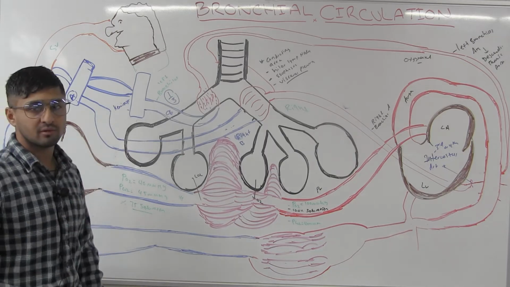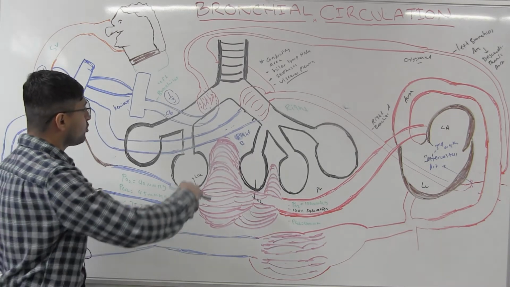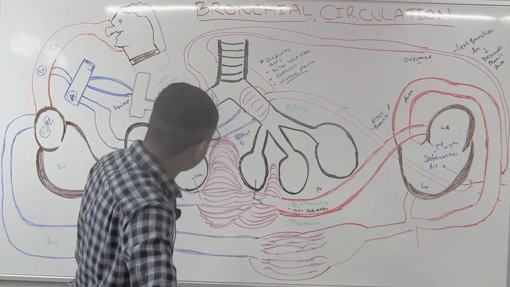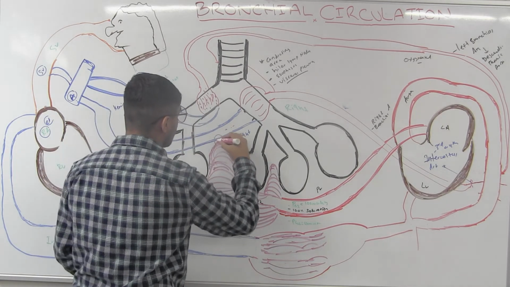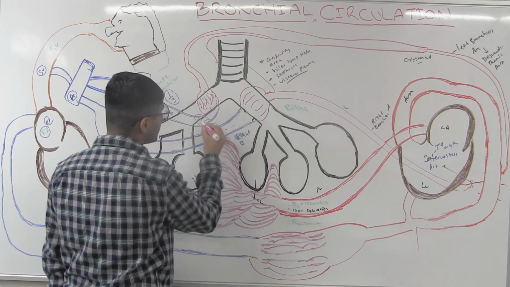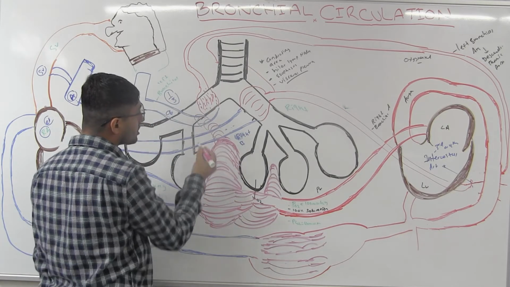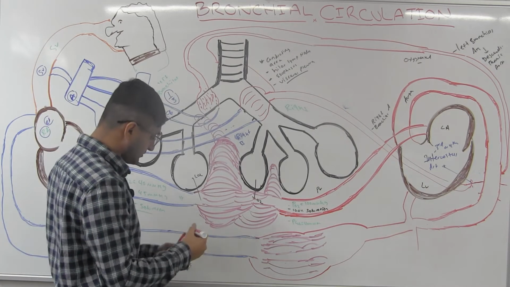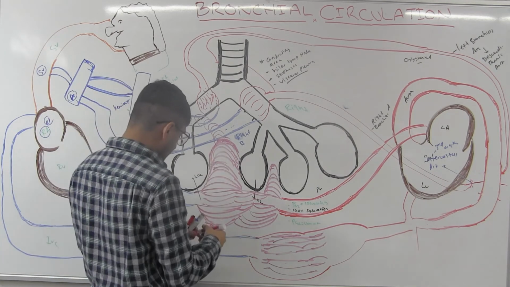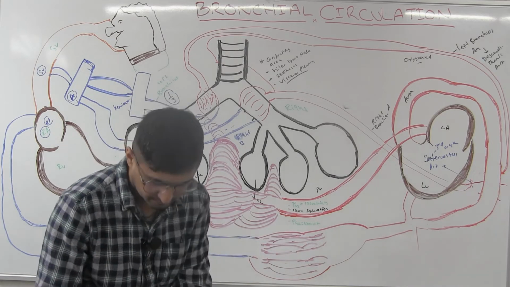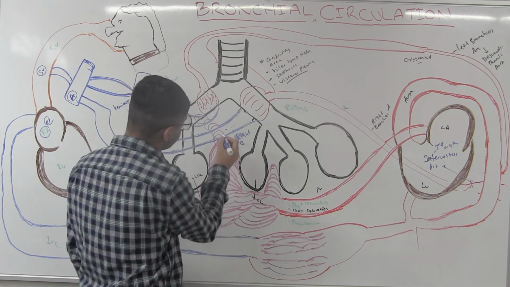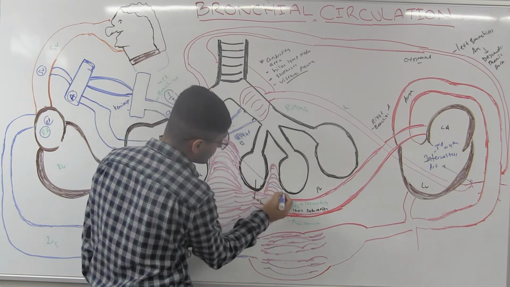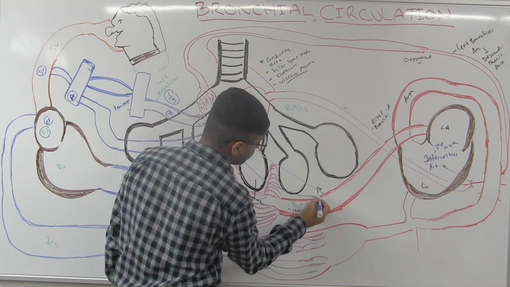What happens to the 2/3 of the blood? What happens is that these vessels anastomose with these circulations, okay? When they get all this anastomosis, the 2/3 of the bronchial venous blood drains straight into, let's make this blue, they straight drain all this venous blood right here from the bronchus into my pulmonary vein right here.